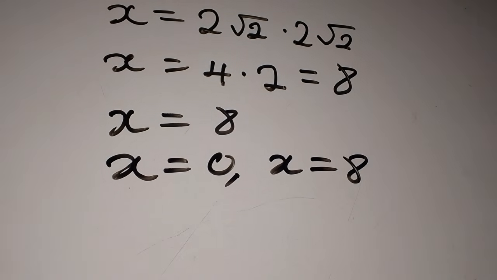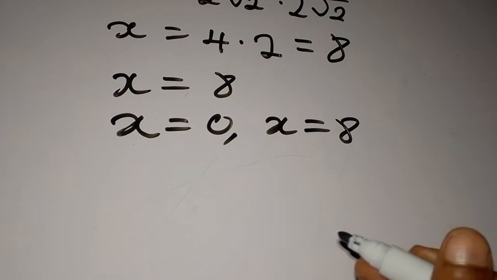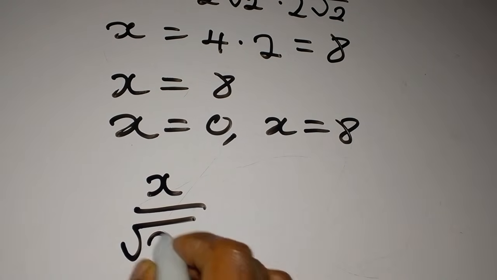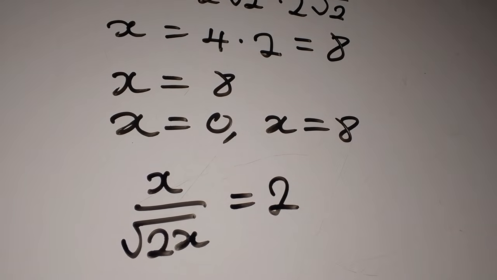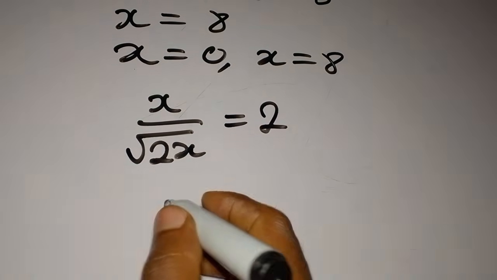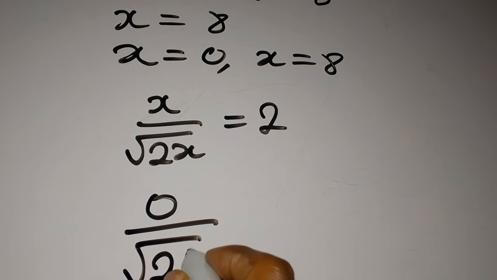Now let's verify. I said I was going to address the questions on your mind. The equation is x over the square root of 2x equals 2. So if you put x to be 0, then you're going to be having 0 over the square root of 2 times 0.